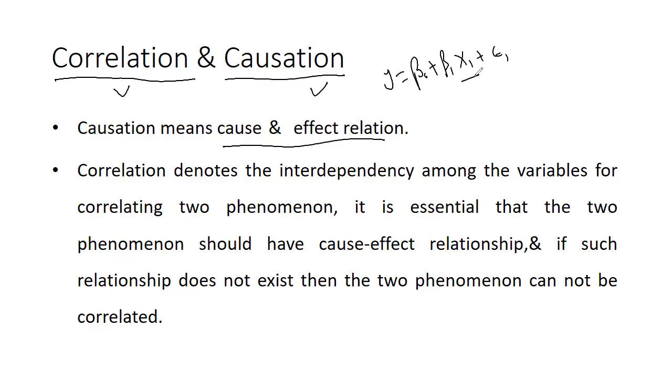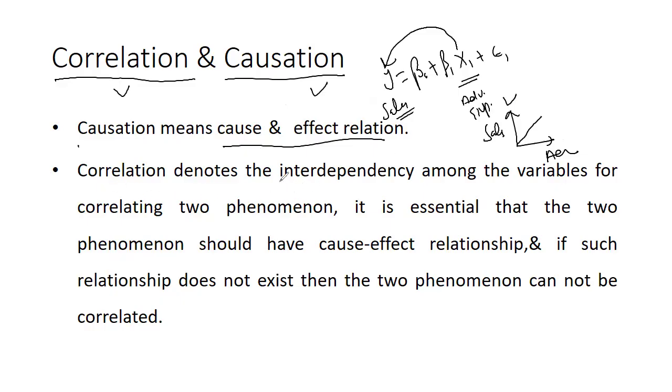In causation, we want to know whether the independent variable x1 significantly influences the dependent variable y, like advertising expenses as the independent variable and sales as the dependent variable. We know there is a positive correlation between the two. When we increase the advertising expenses, sales also increase. So in causation, we want to find out the cause and effect relationship, while in correlation, it is simply association between the two variables.